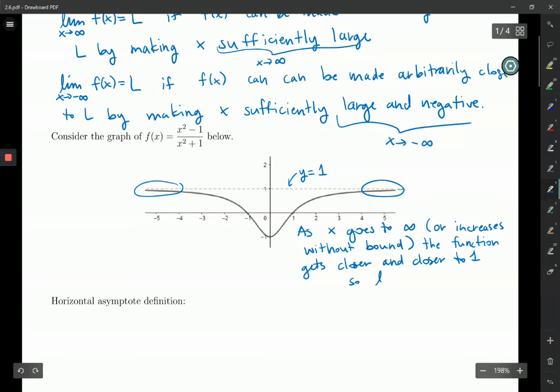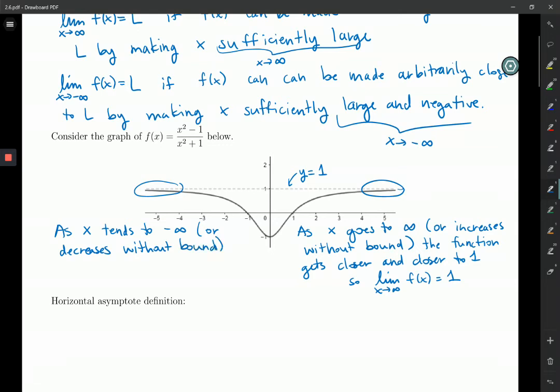So that means that the limit as x goes to infinity of this function is equal to 1. And similarly, on the other side, we have basically the same behavior because this function is symmetric about the y-axis, but as x tends to minus infinity or decreases without bound, the function gets closer and closer to 1.